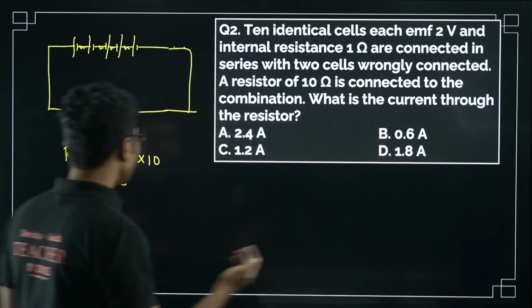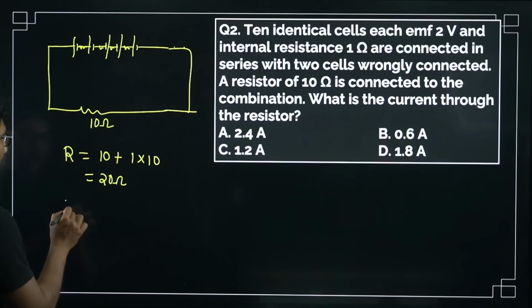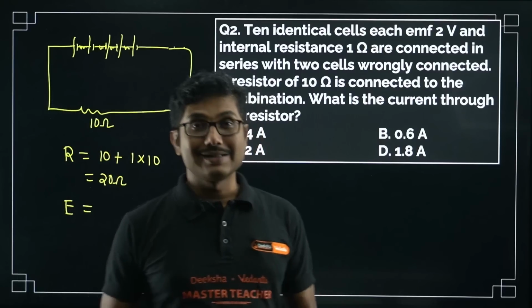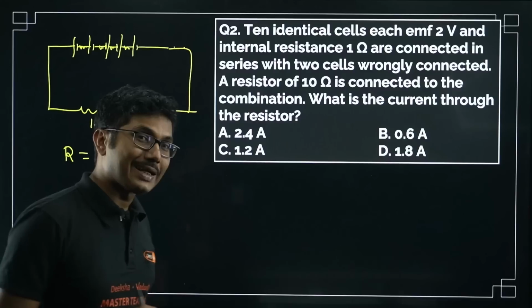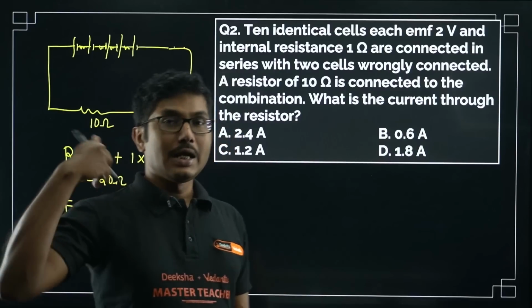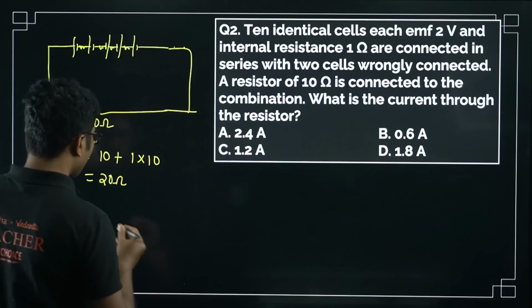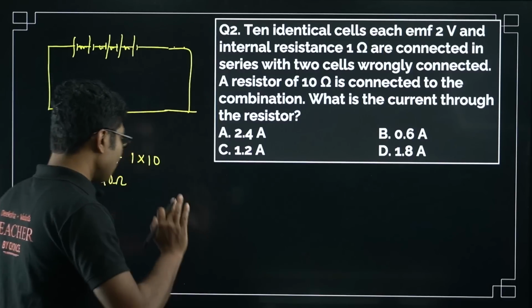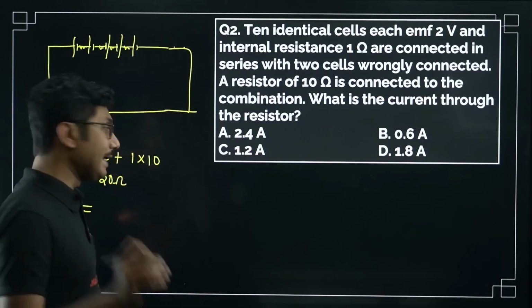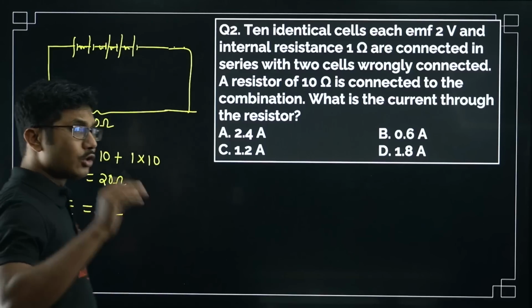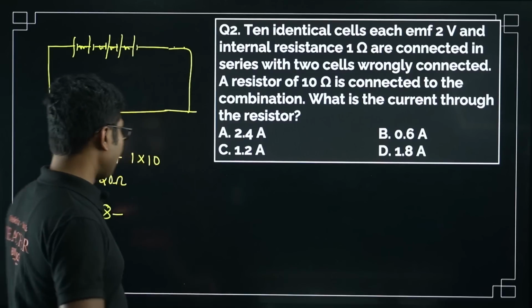Now what is the total EMF? They are supposed to be 10 cells in series, but 2 of them are connected in the opposite polarity. So how many are connected properly? 10 minus 2, that is 8 connected properly, but 2 are connected in the opposite polarity as well.